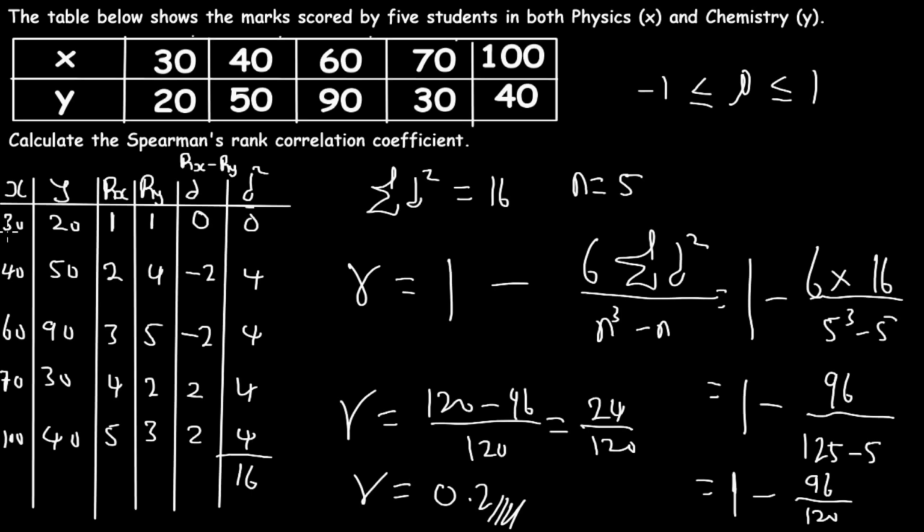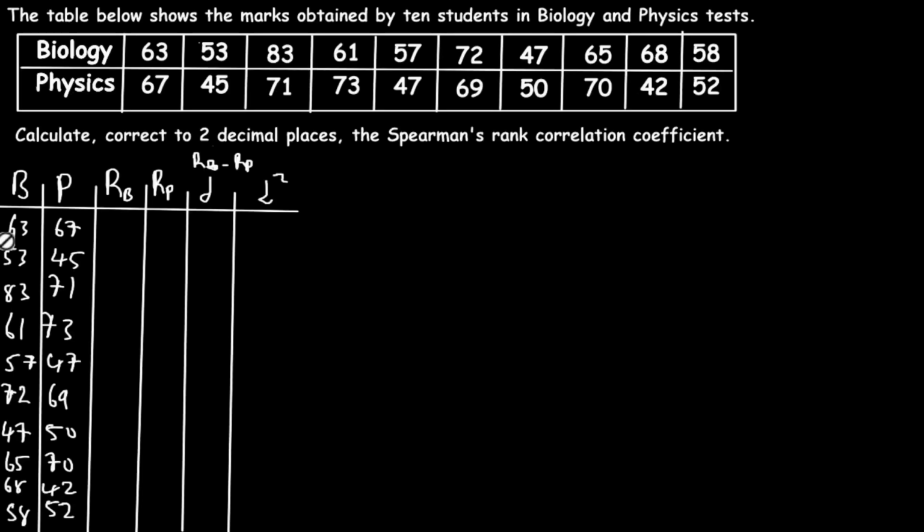You can see the values were in ascending order, in a certain pattern. From 30, you have 40, 60, 70, 100. But for this example, after 63, we have 83, then 61. They are being mixed.